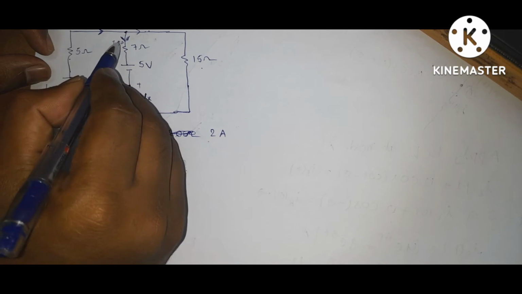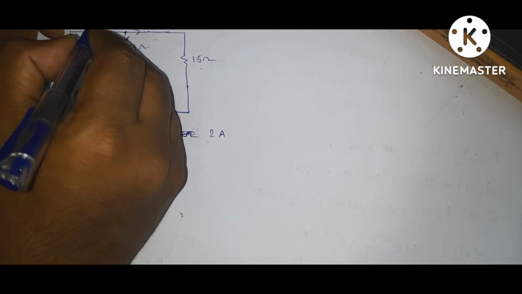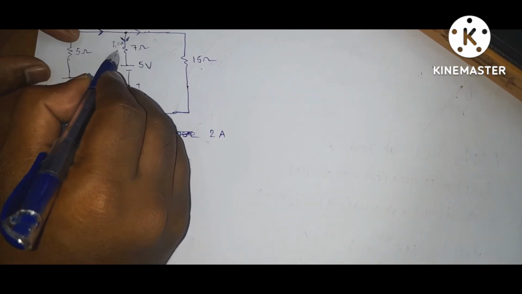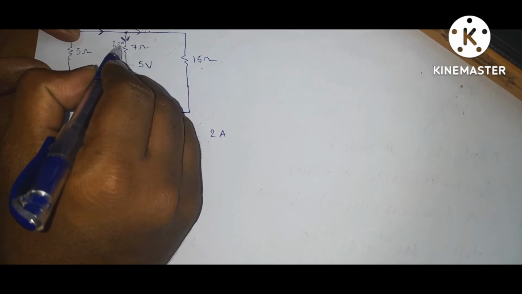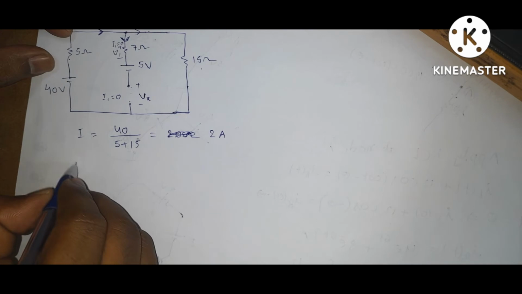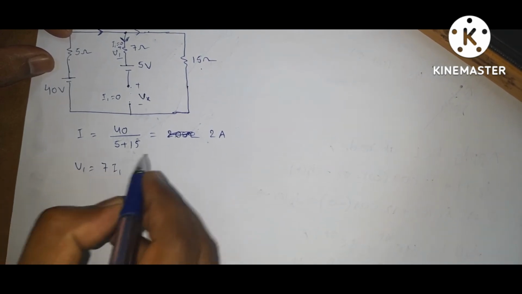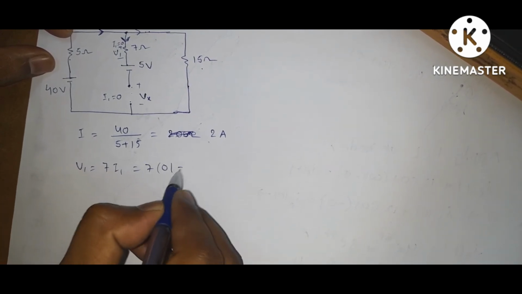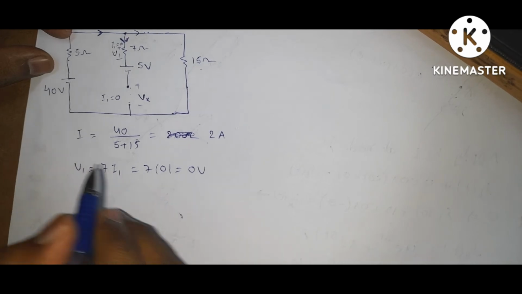So here I is equal to 2 amps. Here current is 0. So what is the voltage drop across 7 ohms? Let it be V1. V1 is equal to 7 into I1, so 7 into 0, you will get 0 volts.